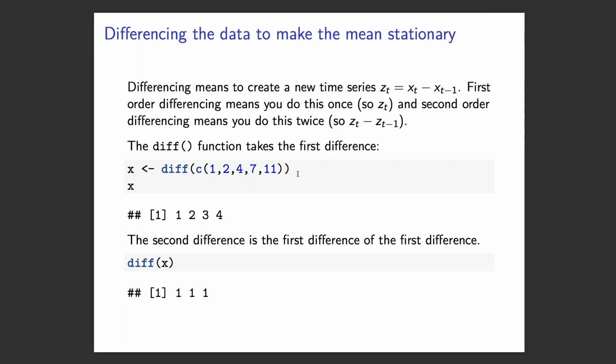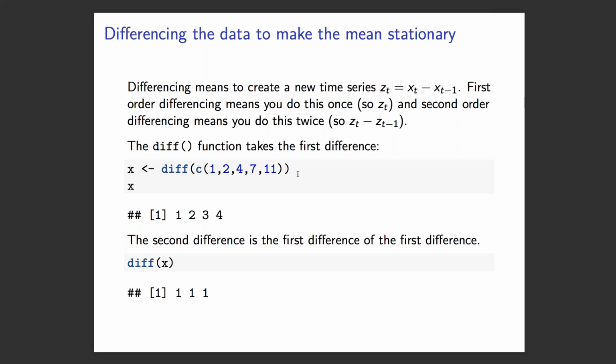The standard way we're going to deal with stationarity is to difference our data. You saw this on Tuesday. This is your first difference here. We just subtract these two, those two, those two. So in this case, the first difference would be 1, 2, 3, 4.